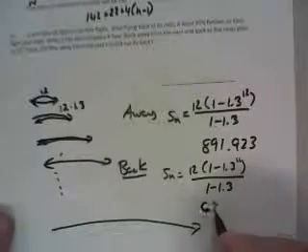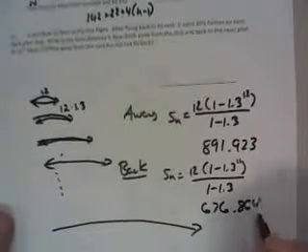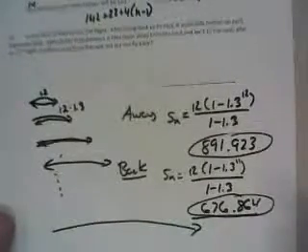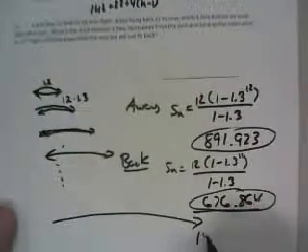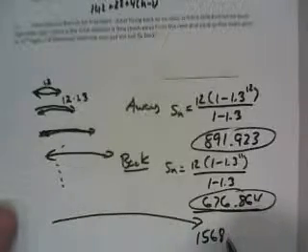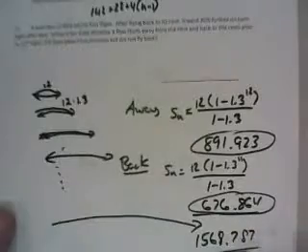And if we evaluate that, that's going to be 676.864 feet. And if we add those two numbers together, the distance it flew going away from its nest and the distance it flew coming back to the nest, it is a total of 1,568.787 feet.